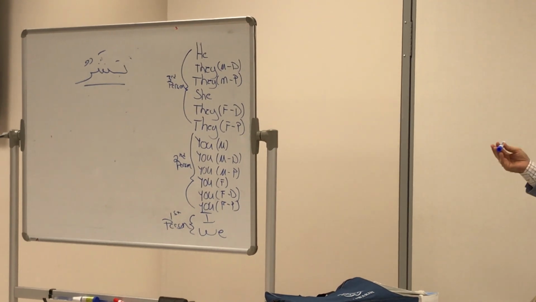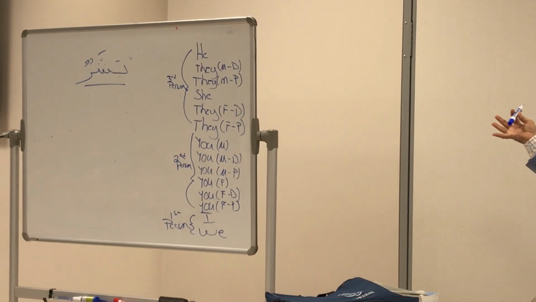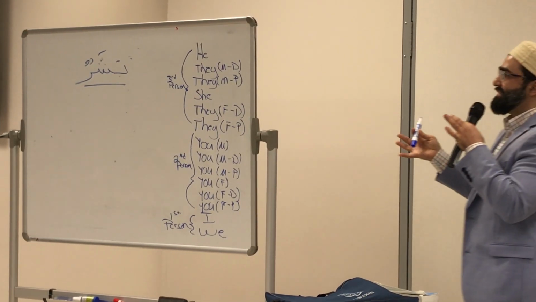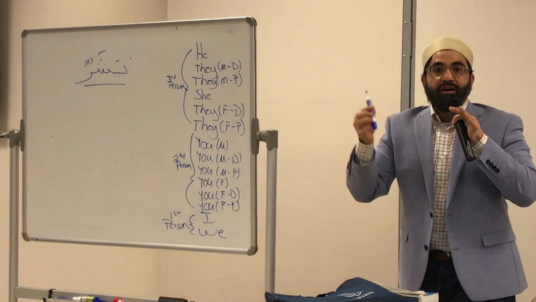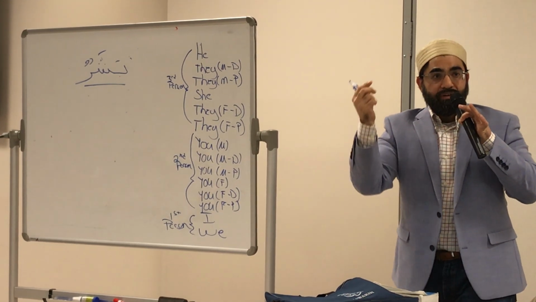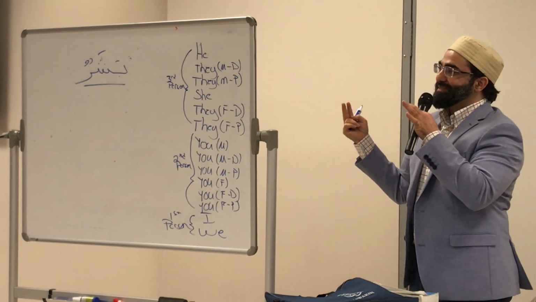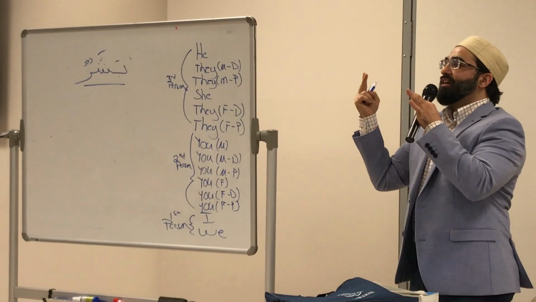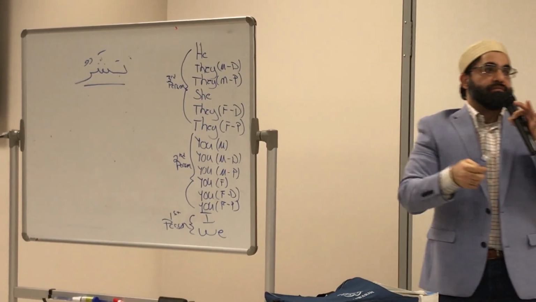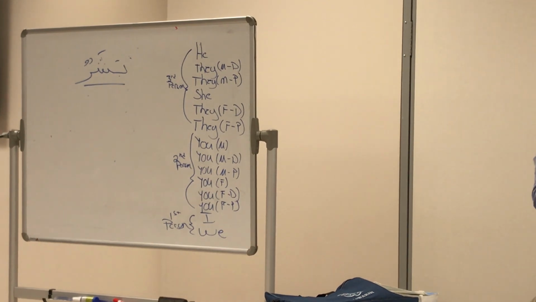A fi'l, a harf, an ism? Both? Wait, there's three things I have to say. Yeah, you're right. There's three options. You can't say both. It's a harf and an ism. Which part is the harf? The B, which means with.